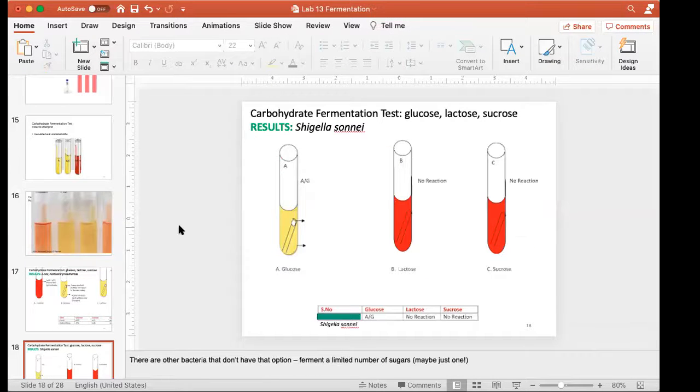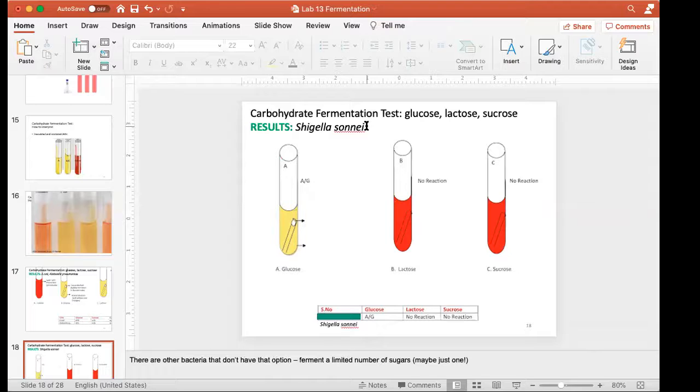So now take a look at these tubes. I ran a second set of tubes for this organism called Shigella sonnei. Now this is also an intestinal organism, a fecal organism. It's also a gram-negative rod, but this organism is not a coliform. And what that means is it cannot ferment lactose.